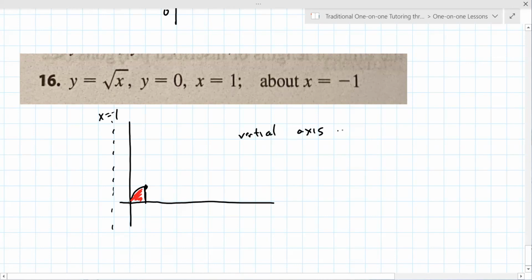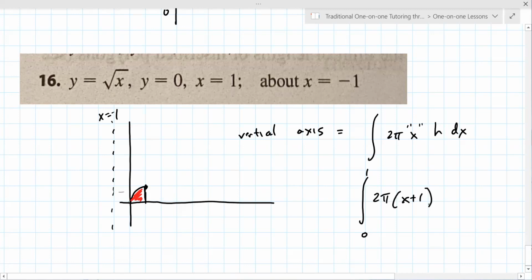And when it's a vertical axis, it's 2 pi x h dx. So this time we're integrating from 0 to 1. Your x is x, but you have to add 1 to it, so it's x plus 1.